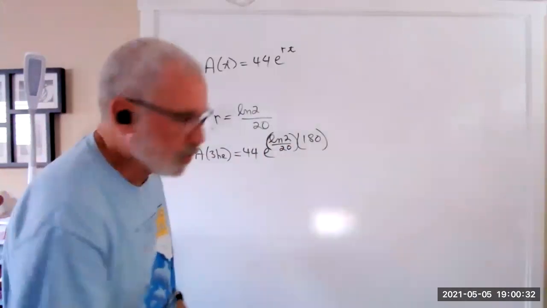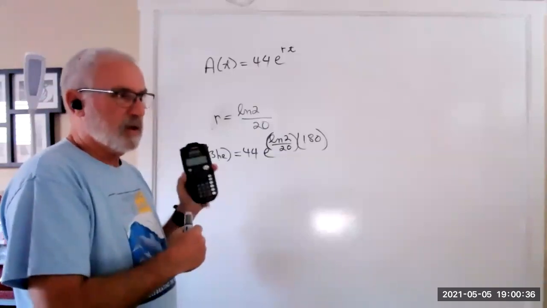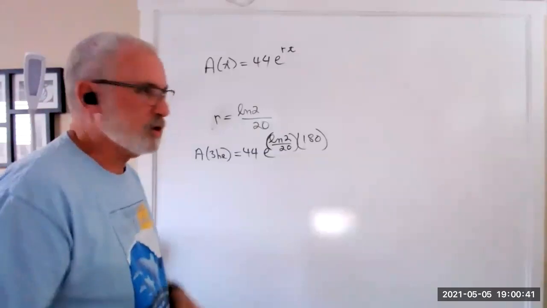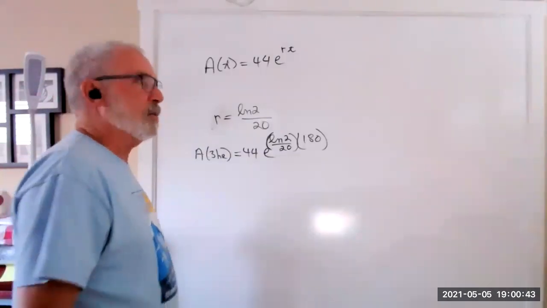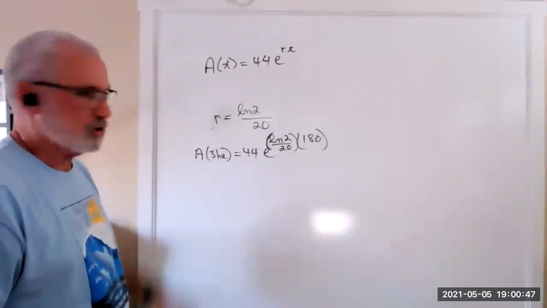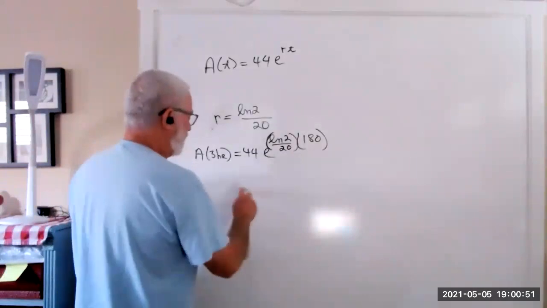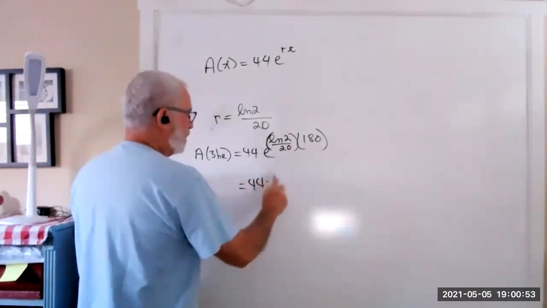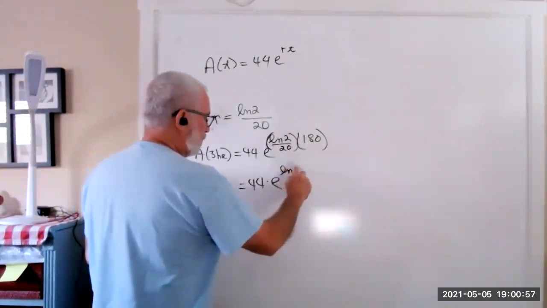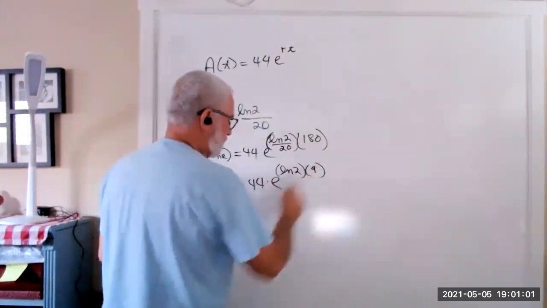We get so lazy with these calculators, and we just want to punch numbers in right away, that we forget to use our brains or our log laws in this case. So watch carefully. This is going to be 44 times e to the ln of 2 times 9.